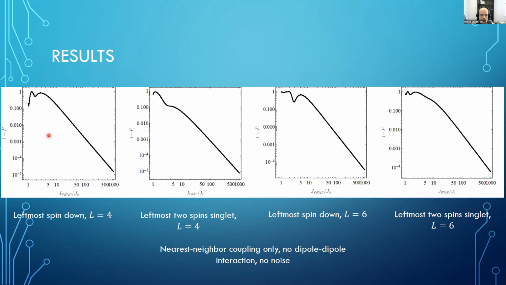You might also notice that there are these oscillations for small values of J swap. The explanation I thought of, a sort of hand-waving explanation, is basically that here it takes a relatively long time for the swap operation to happen.